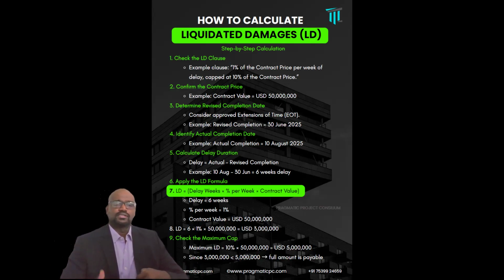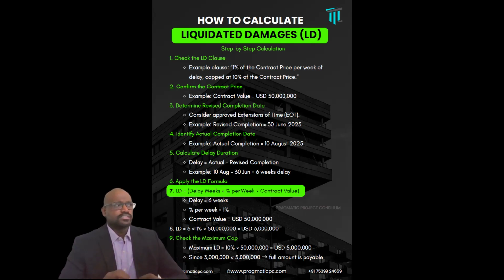Then even if it goes beyond 10 weeks, the employer may not be able to claim more than 10% of the contract. So the 10% is the cap, which is 5 million. So here the calculated LD is 3 million. It's below 5 million. So the employer can recover 3 million from the contractor.